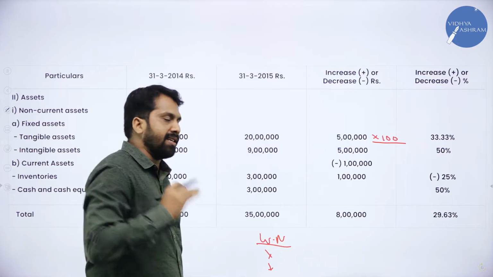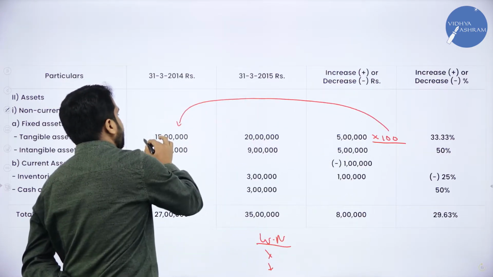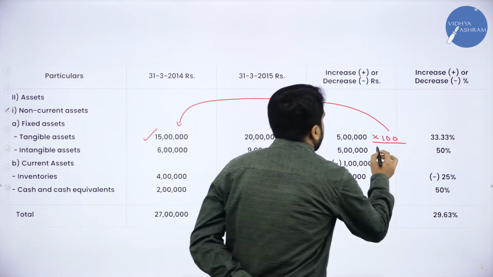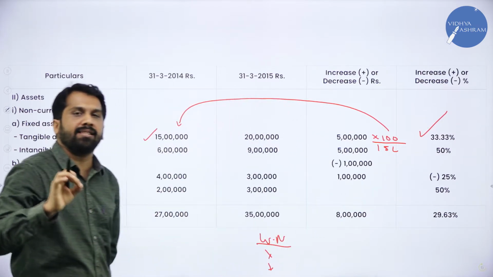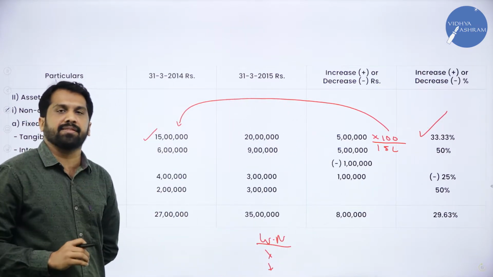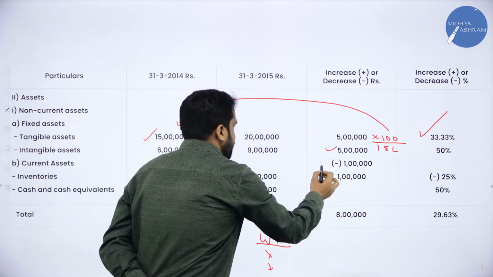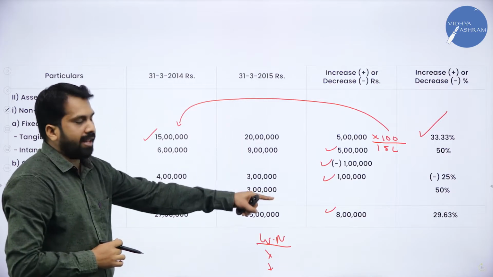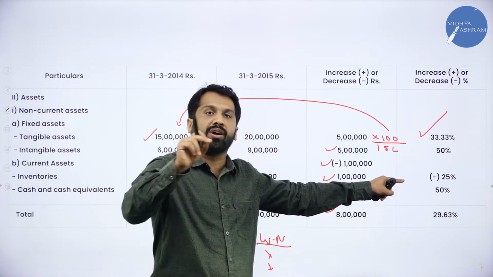It should be divided by your first column. It is 15 lakh. Now, divided by 15 lakh, your answer is 33.33%. Similarly, you should do this one, this one, this one, and this one, and check whether these things match with your answer.